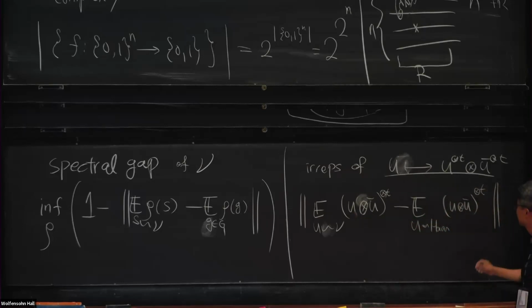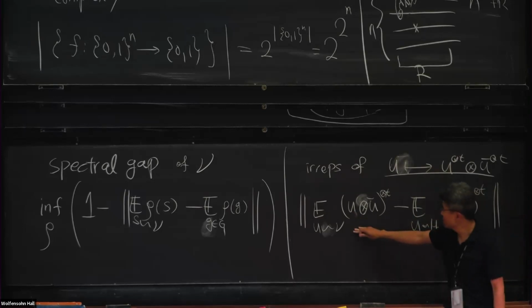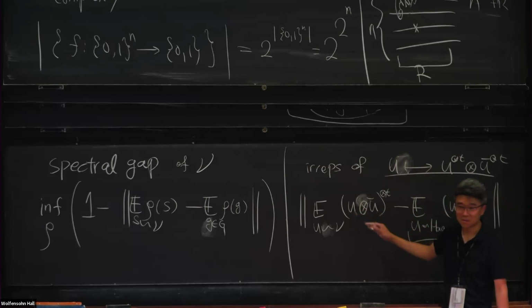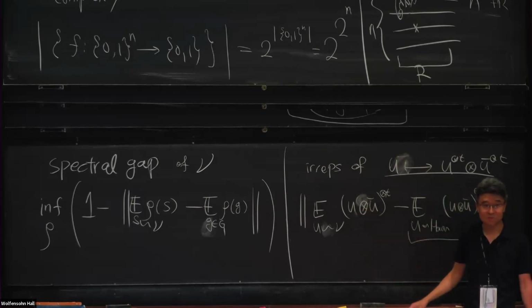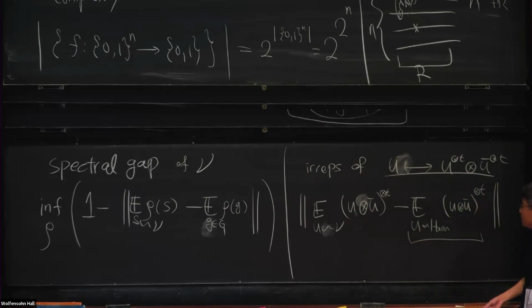So this is the projection onto the trivial subrepresentation. This contains all the interesting errors for us, and that's the quantity of interest. And this has some operational meaning.